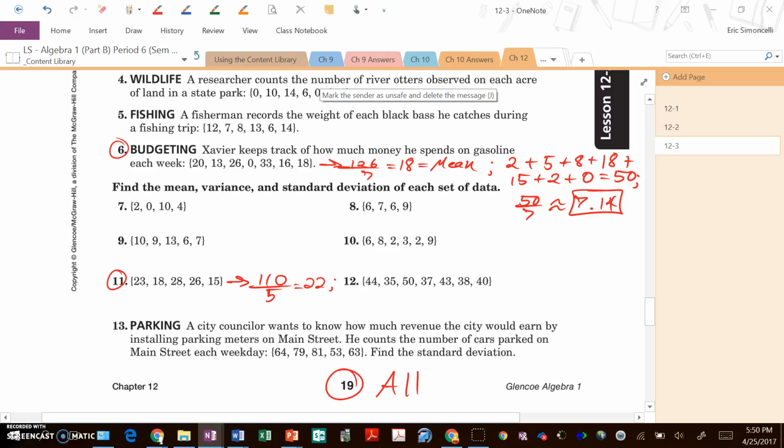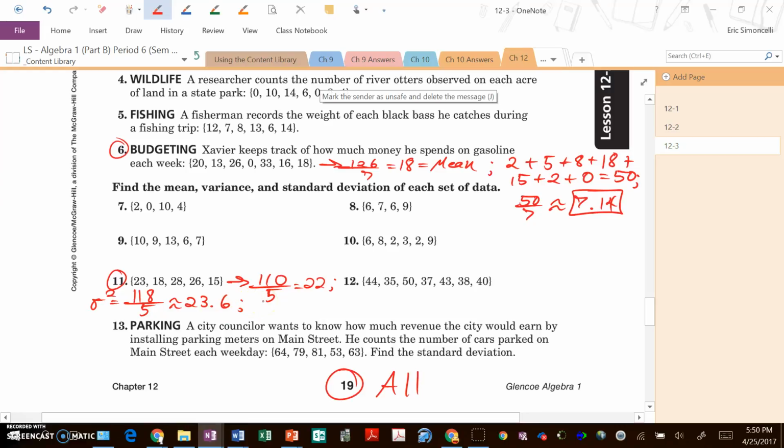Now, taking the difference and then squaring them will result in a nice positive number, of which I'm getting 118, and we'll divide that by 5. And again, this is sigma squared. If you do the math, 118 divided by 5 is 23.6.